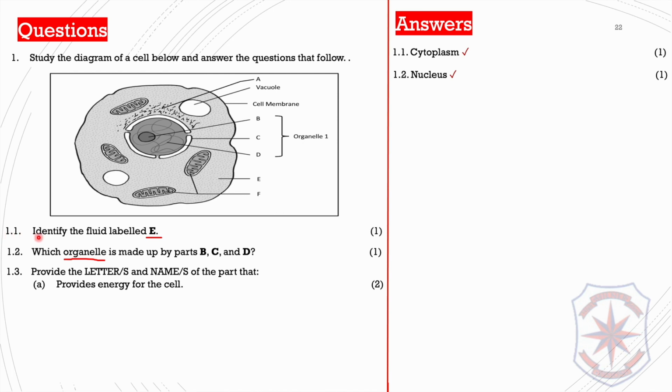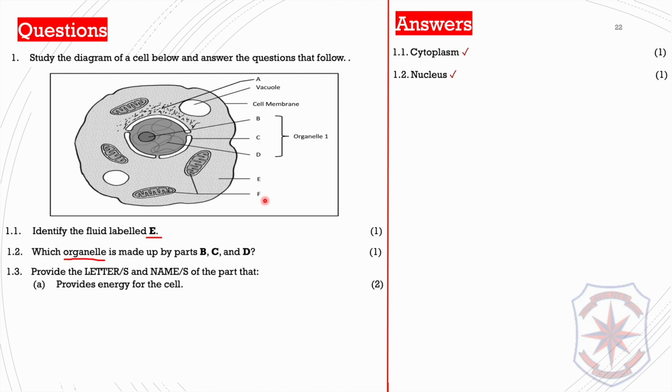Like I said, examiners will never leave out unlabeled structures if they are not going to ask about them either directly or indirectly. We've seen in question 1.1 a direct question. Now here, this is an indirect question. Sub-question A of question 1.3 is asking for the part that provides energy for the cell. Remember, you have to give the letter or letters and name or names.